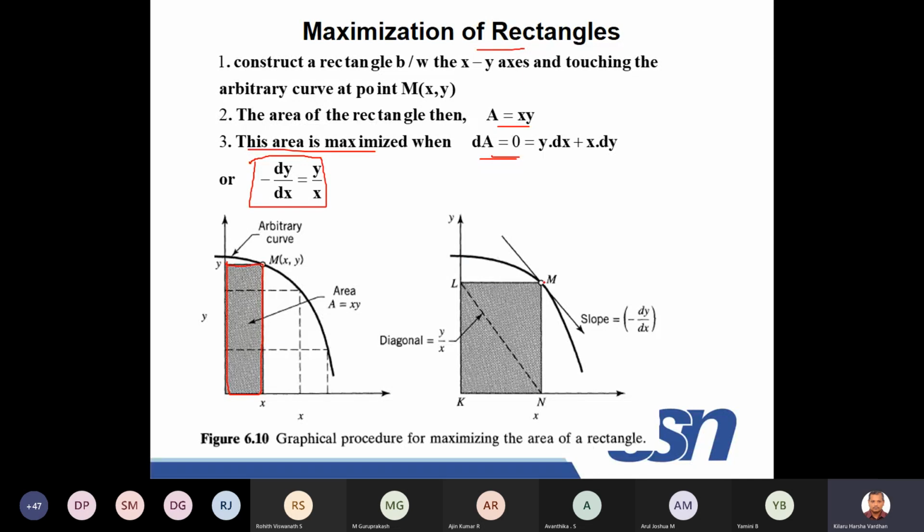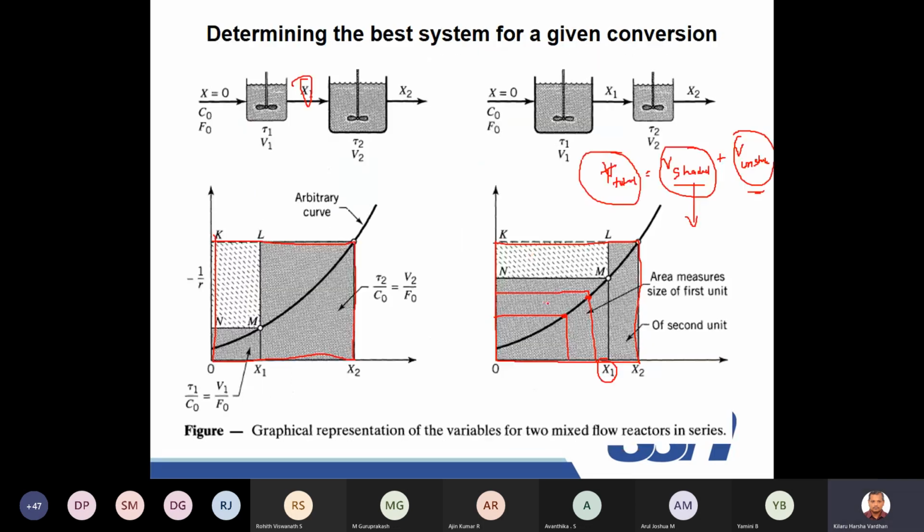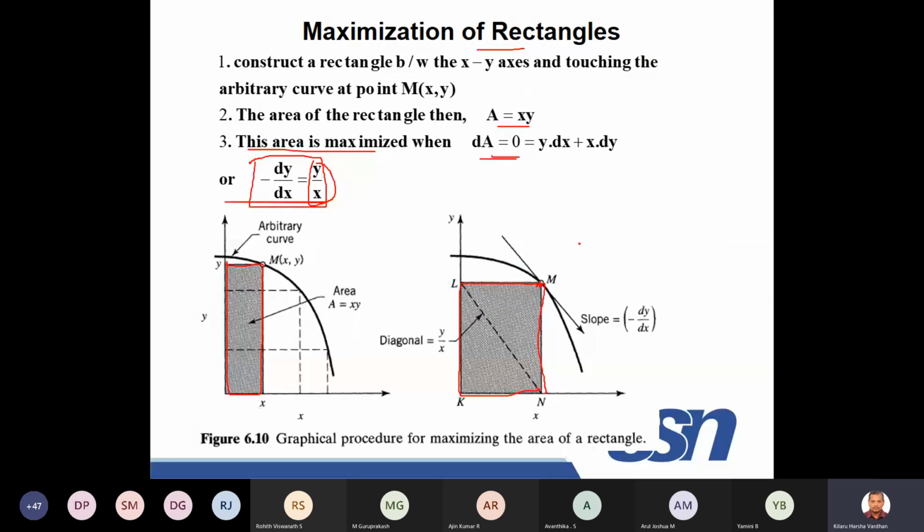That means you have a curve, and you try to draw a tangent with a slope of minus y by x. That tangent touches this curve at a particular point. If you have that, then you have the maximum of this rectangle. If the area of this is maximum, the area of this will be less. That is what we do by maximization of the rectangles, right?